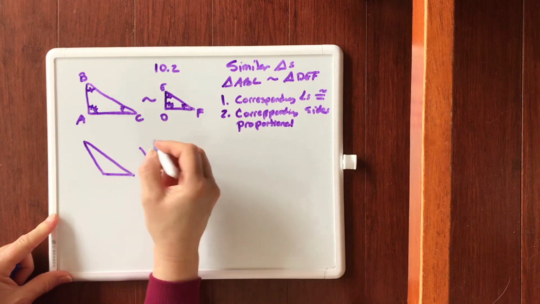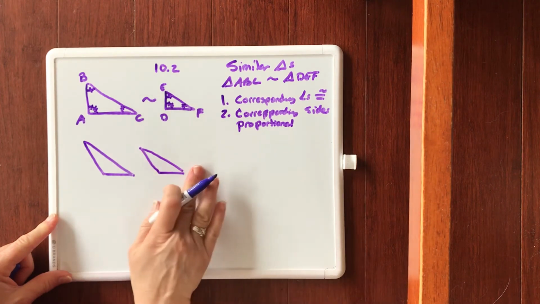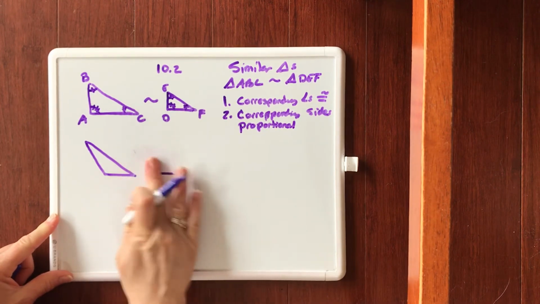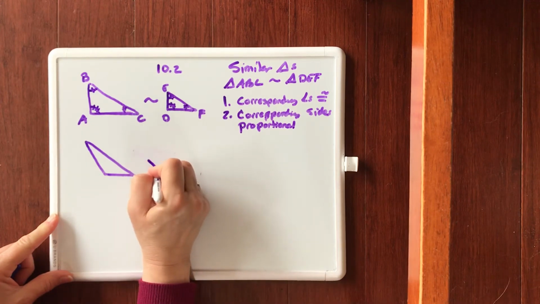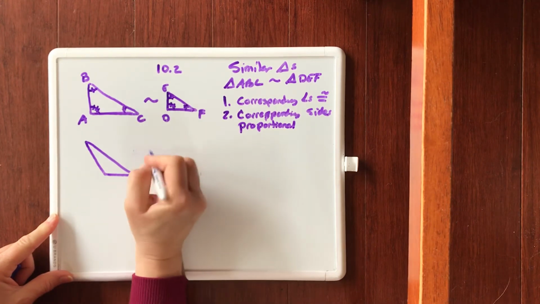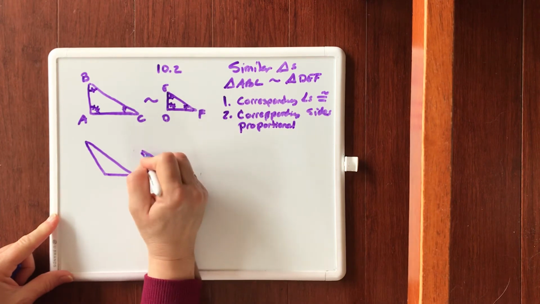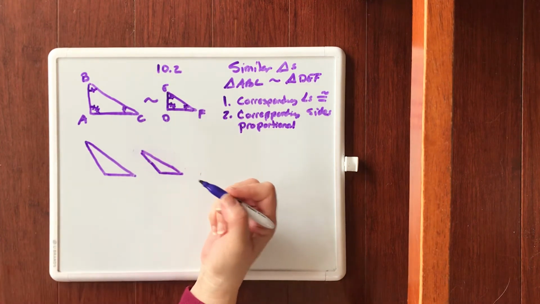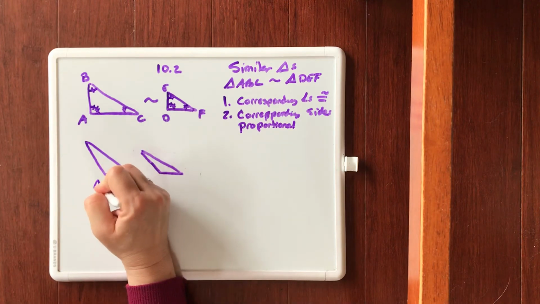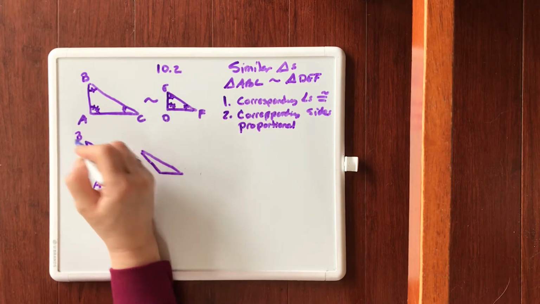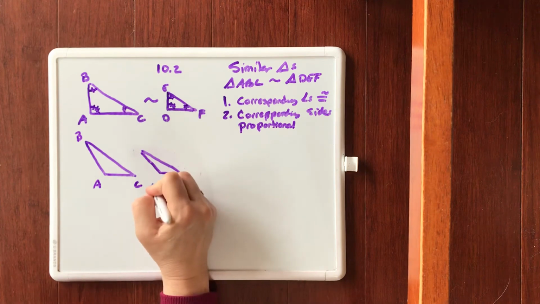Okay, there we go. How about this? Okay, that's better. Awkward little triangles. Okay, so again, I'm going to name these A, B, C, and D, E, F.